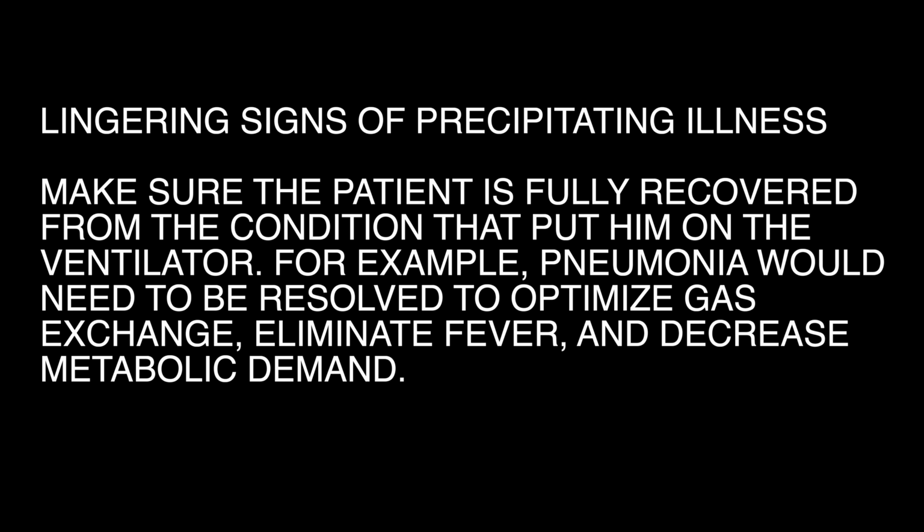Lingering signs of precipitating illness. Make sure the patient is fully recovered from the condition that put him on the ventilator. For example, pneumonia would need to be resolved to optimize gas exchange, eliminate fever, and decrease metabolic demand.